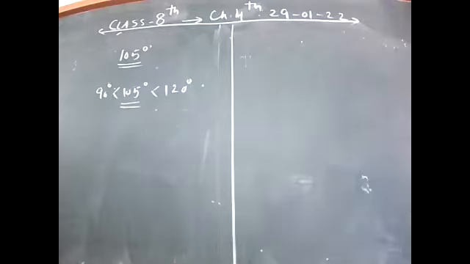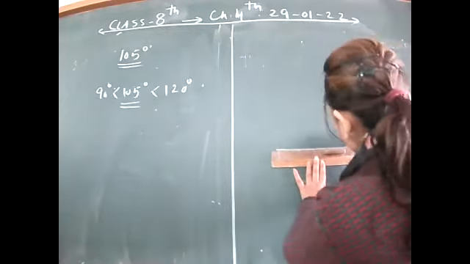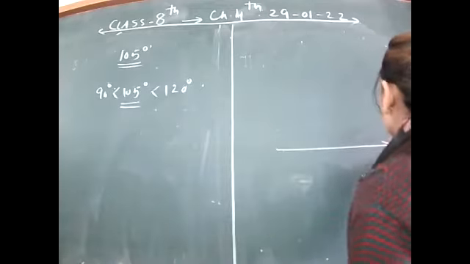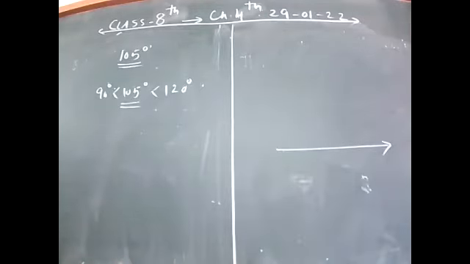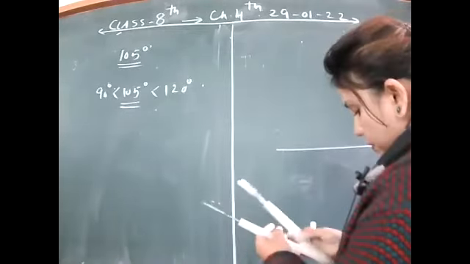So draw a straight line. Starting पे आपको 90 and 120 कंस्ट्रक्ट करना है. थोड़ा सा कंपास और खोल लेते हैं.